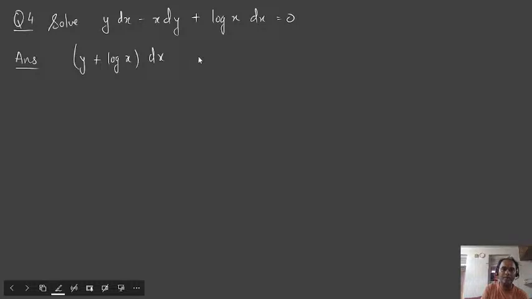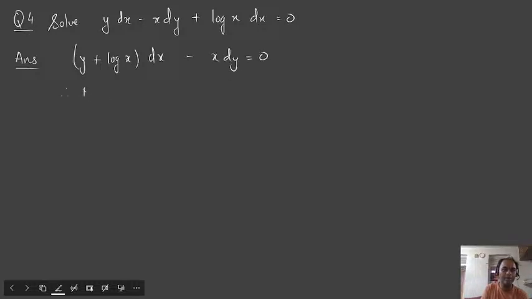So let's say we are given to solve y dx minus x dy plus log of x dx equals 0. How to handle this? Let us see. First you collect the dx terms. So y plus log x dx minus x dy equals 0.